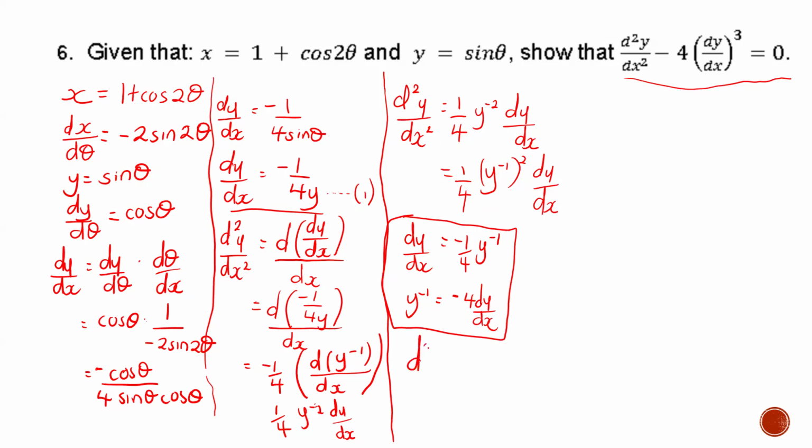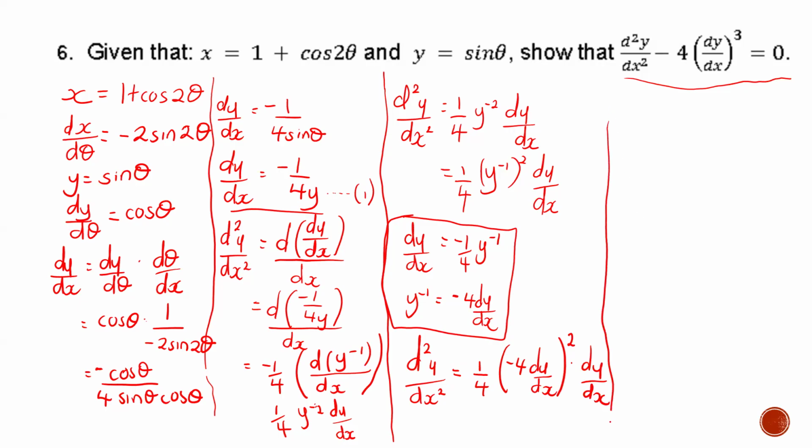Then we're going to have d squared y over dx squared is equal to a quarter into -4 dy/dx squared times dy/dx.